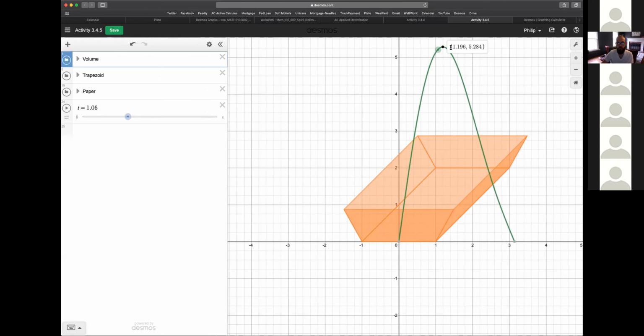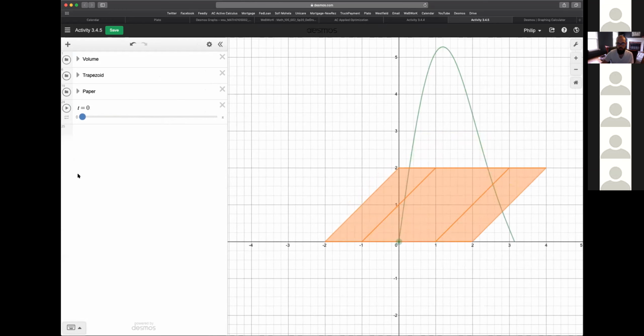When our angle is 1.196 radians, that should be the optimal point. You can see the volume down here is going to be 0. As the trough bends up, it's going to come to some maximal volume, which will be right around here. And if we bend it any more, we're only going to reduce our volume even further.